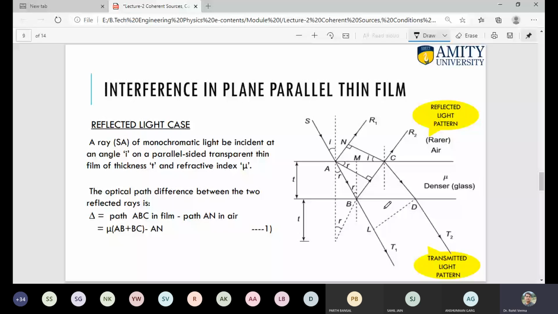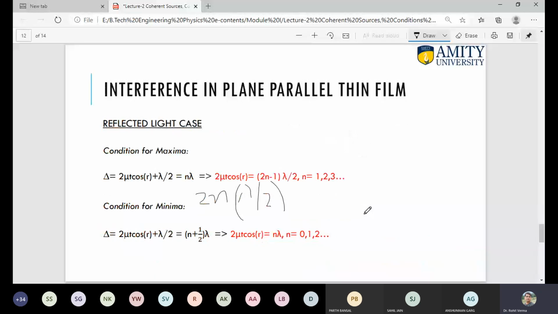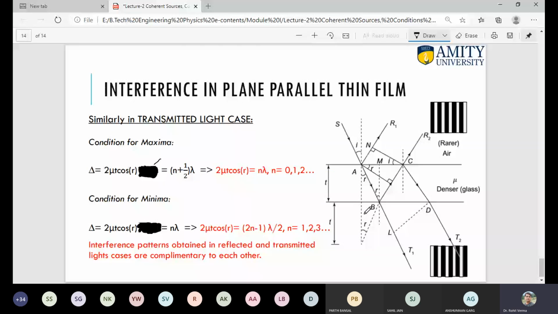The only difference is the lambda by 2 which we added earlier, because lambda by 2 is added only when a ray of light is reflected from the surface of a denser medium. Since we are talking about transmitted rays here, lambda by 2 will not be added.